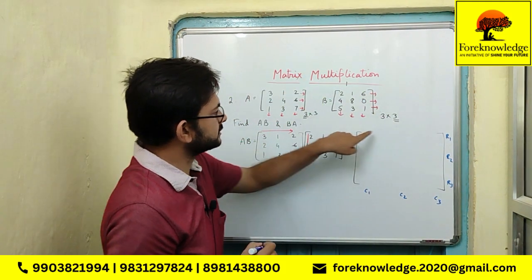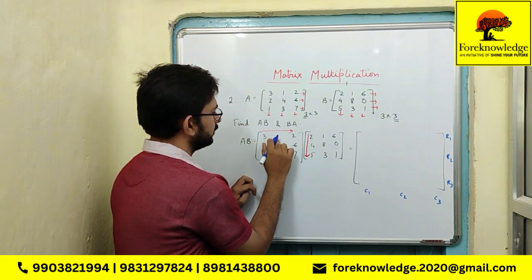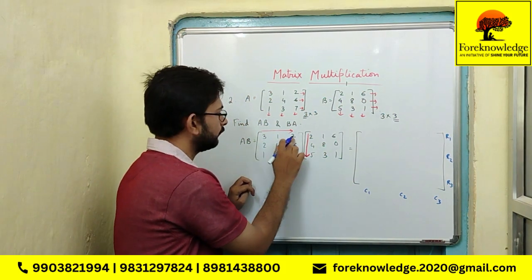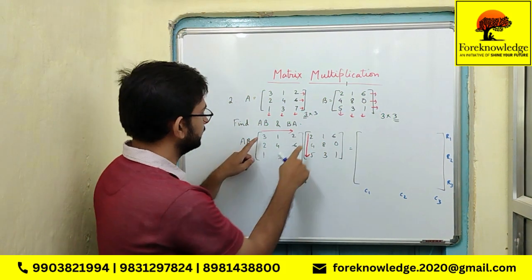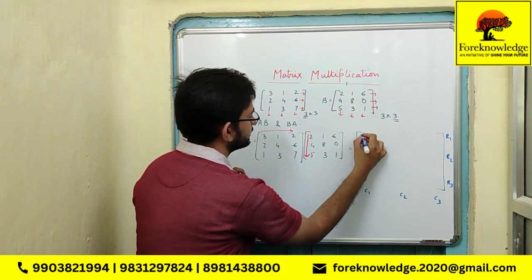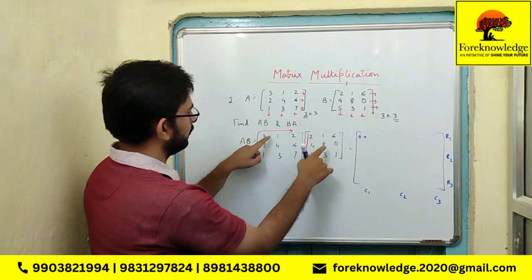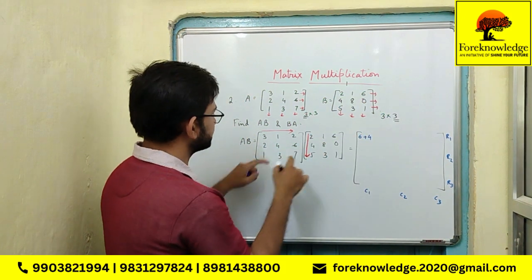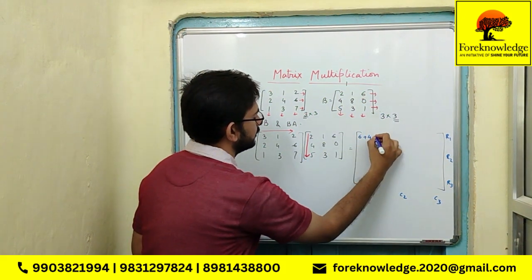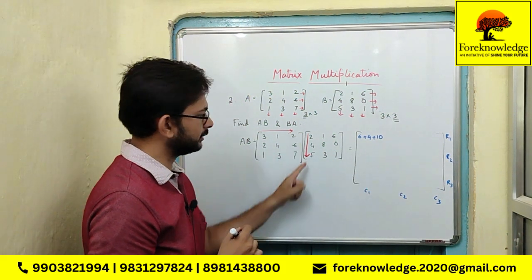For first row, first column, we multiply along the first row of the pre-multiplier and first column of the post-multiplier. So 3 into 2, 6, plus 1 into 4, 4, plus 2 into 5, 10. That is row 1, column 1.